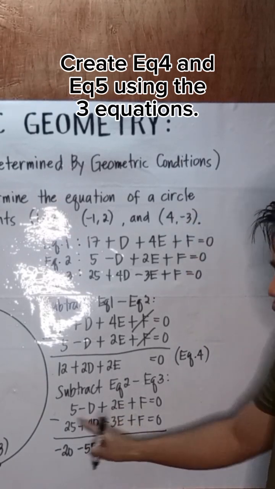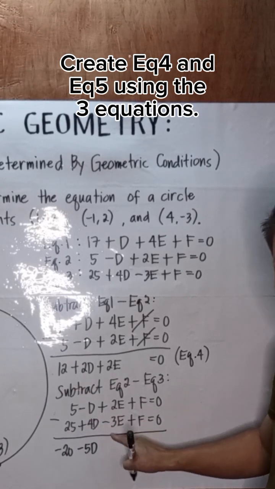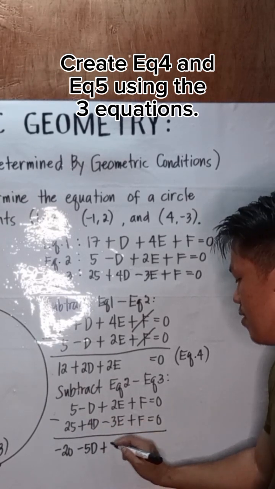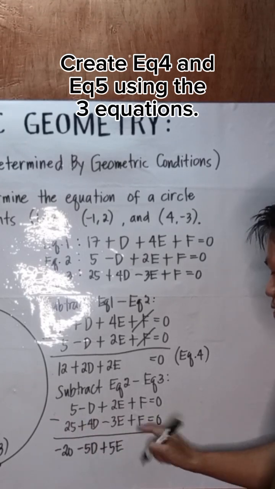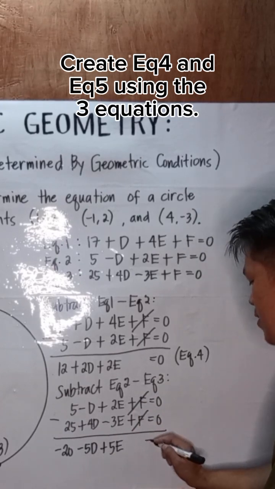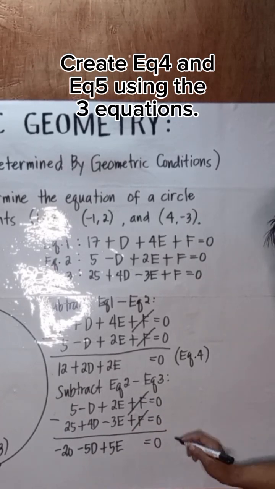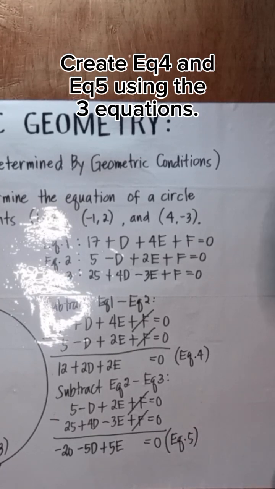And then, 2 minus negative 3 ay magiging 2 plus 3. Kaya, ito ay magiging 5E. And then, F minus F ay maka-cancel na because it is 0. Then, equal to 0. Ito ngayon ang ating equation 5.